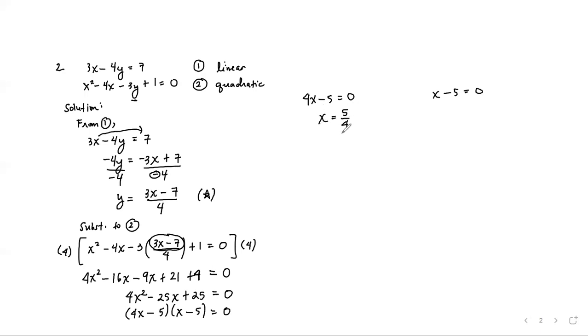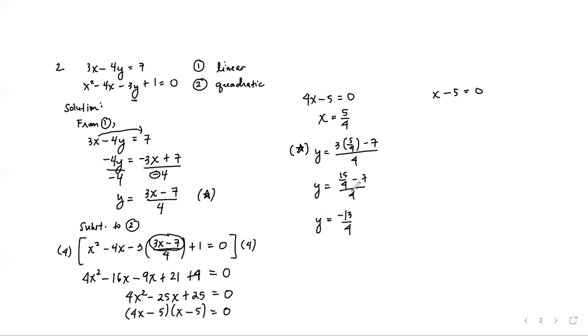So if we're going to substitute this value into star, we get y is equal to 3 times 5 over 4 minus 7 all over 4. And this will give us y is equal to 15 over 4 minus 7 all over 4, which will become 15 over 4 minus 7 is 15 minus 28 over 4, which is negative 13 over 4.